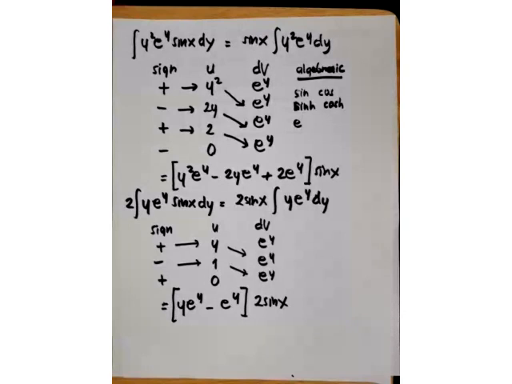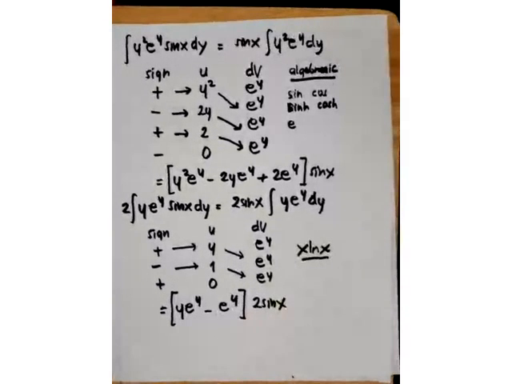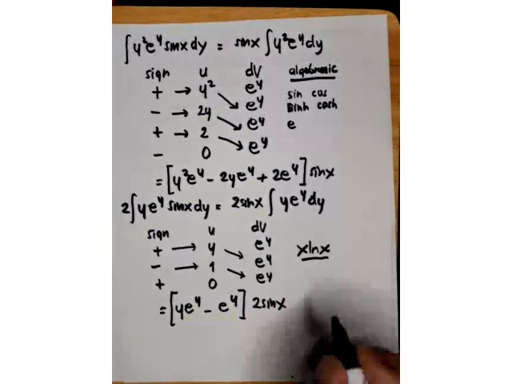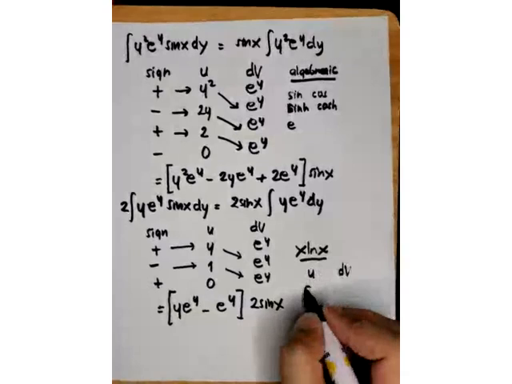Yes. Or may algebraic ka, let's say x ln x. Example, x ln x. Ayan. Wala kang choice. By parts. Di ba pipili ka ng u and then dv, and then in-derive mo to and then integrate mo yon.